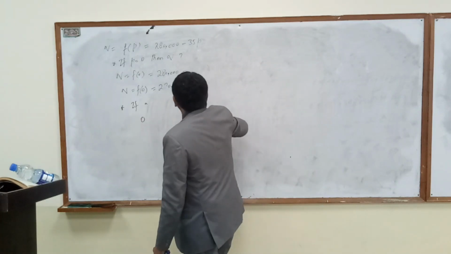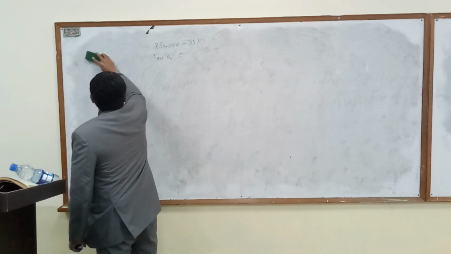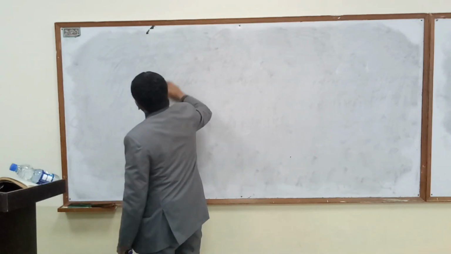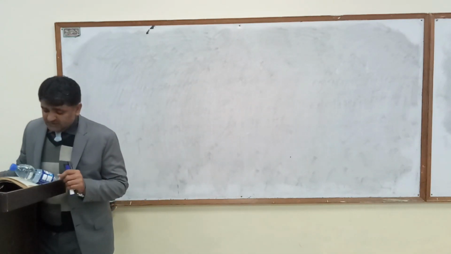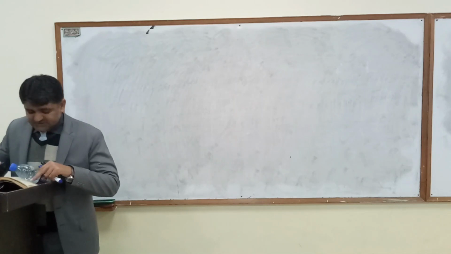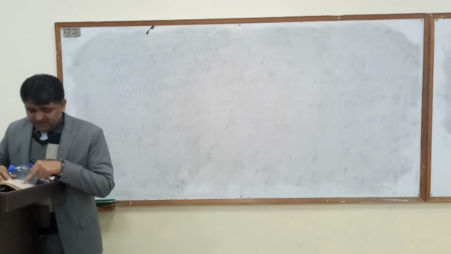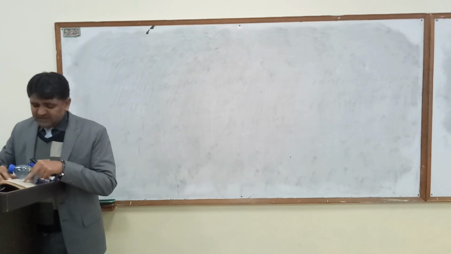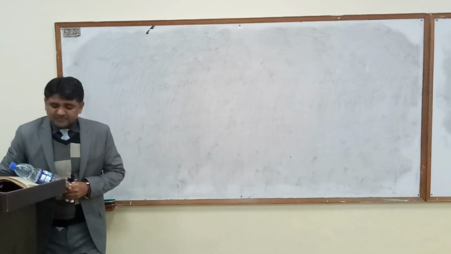So that is a premium function, and in this question we have to determine the function. If you look at the last line: determine the function which can be used to compute the annual premium.